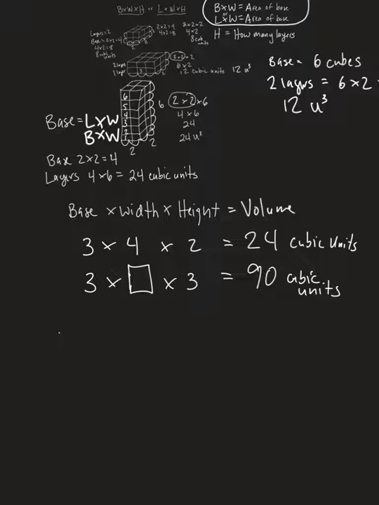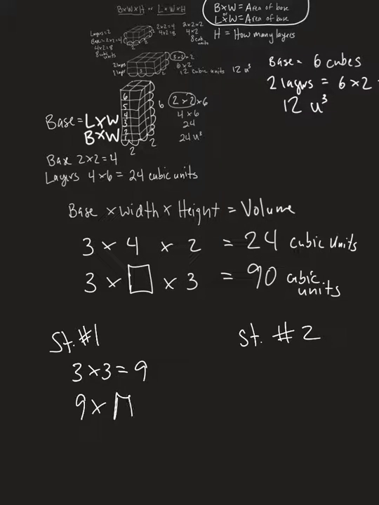Strategy number 1: I can just fill in the blanks, and I can multiply what I know first. So I can go 3 times 3 equals 9, and then 9 times something gives me 90.